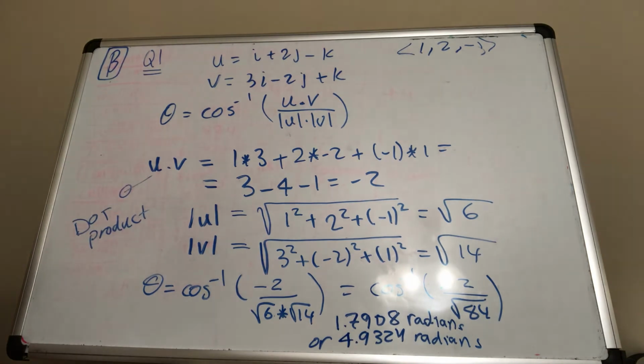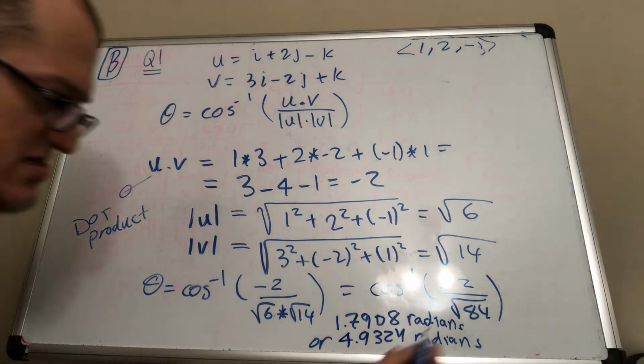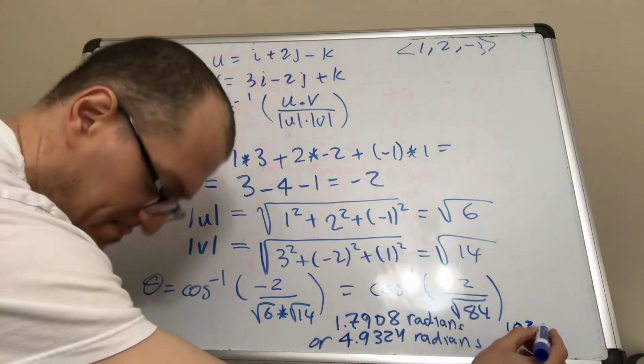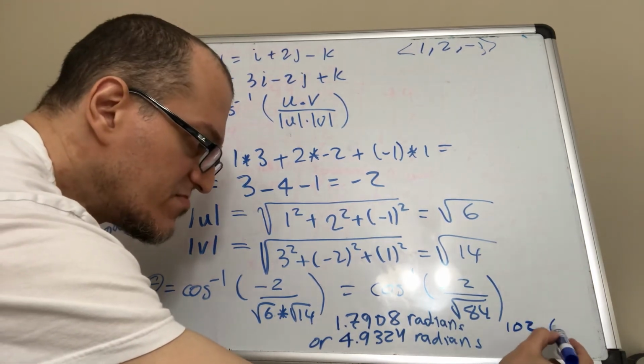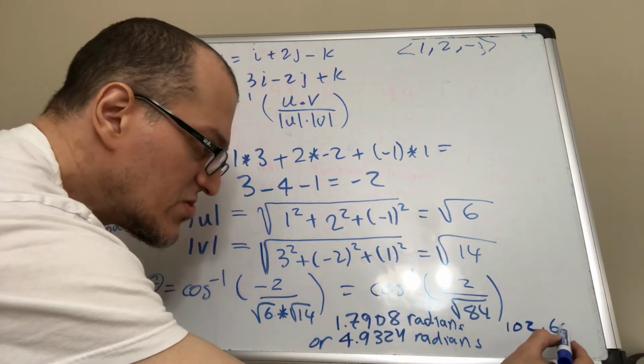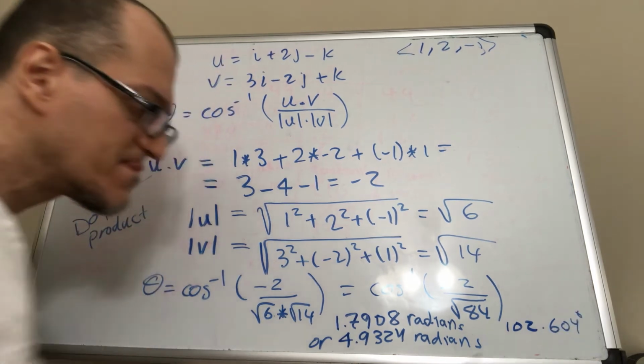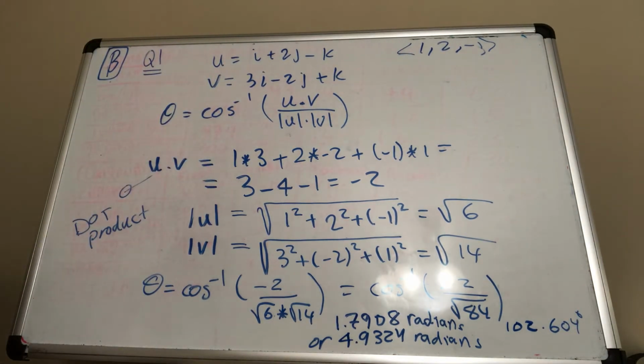If you want to do it in degrees, the first one is 102.604 degrees. And so that's the first one, the 102.